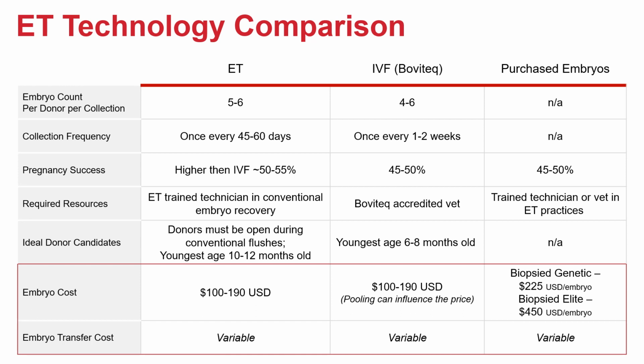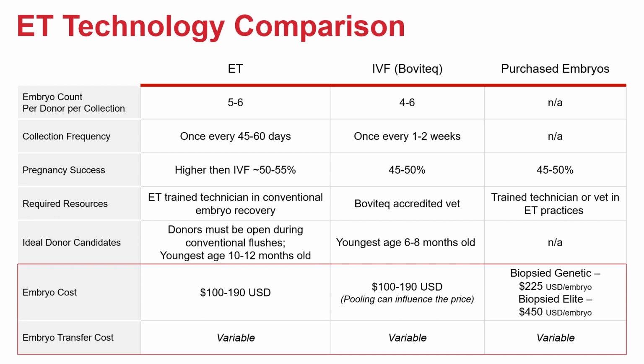Differences in embryo production capacity and collection frequency are particularly relevant when donor collection is involved. Importantly, we can also see differences in pregnancy success rates and a little bit more significant differences in the resource requirements.